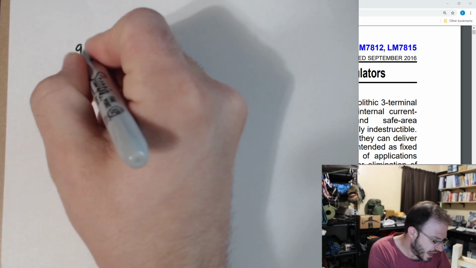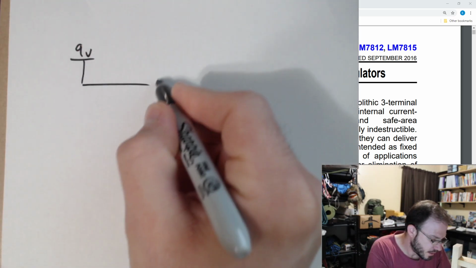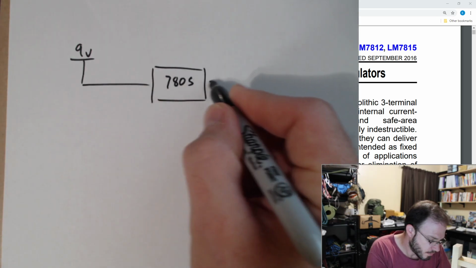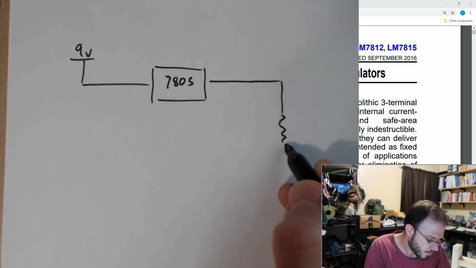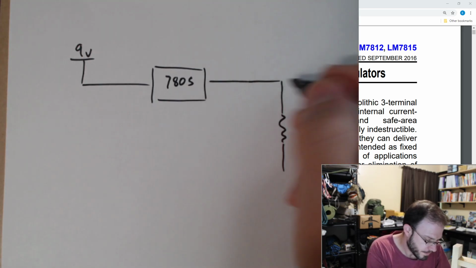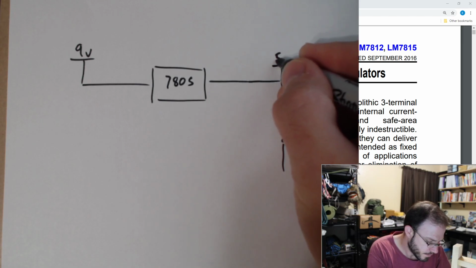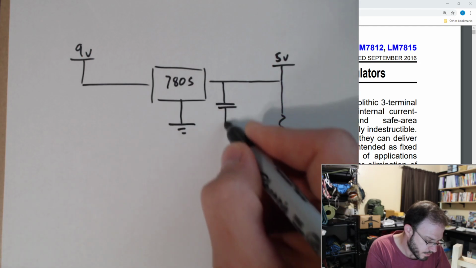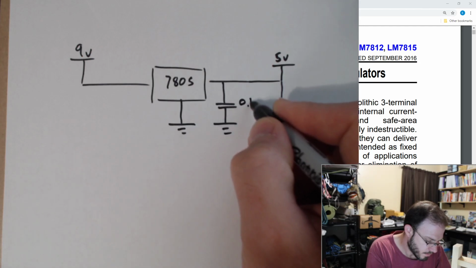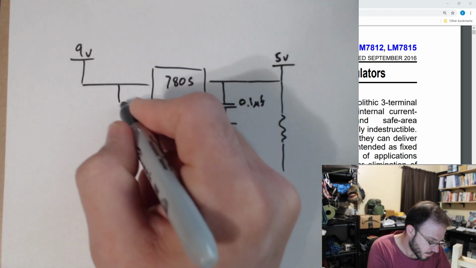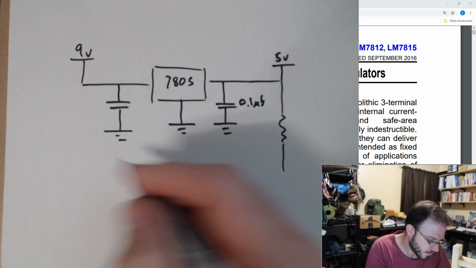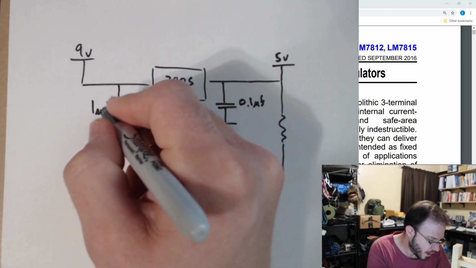So let's go ahead, let's set up an example. Let's do 9 volts in. And let's do 1 microfarad.